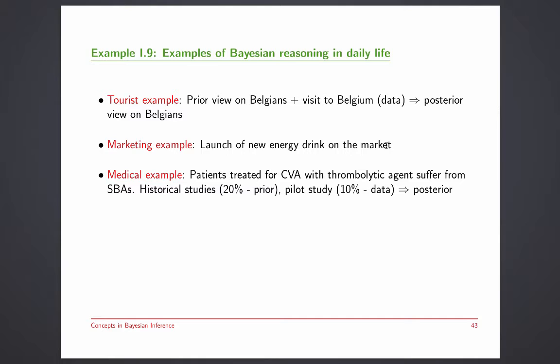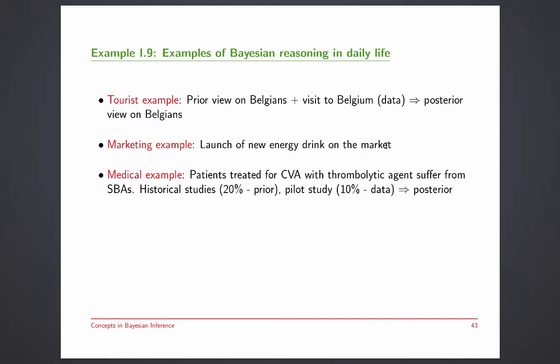Then you arrive in Belgium, and you meet some Belgians. This is your data. Once you return, you will have a revised impression of how Belgian people are. This is your posterior. The longer you have stayed in Belgium, the more data you collected, because the more people you have seen, the stronger your data. But if your visit was only for a very short time, then possibly your prior is more important than your data.